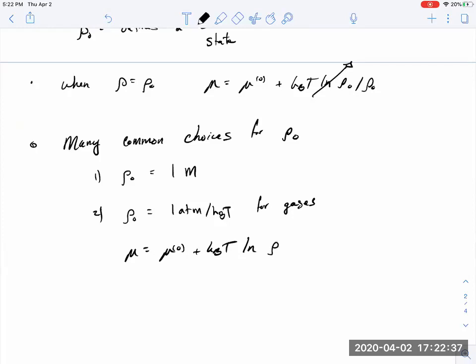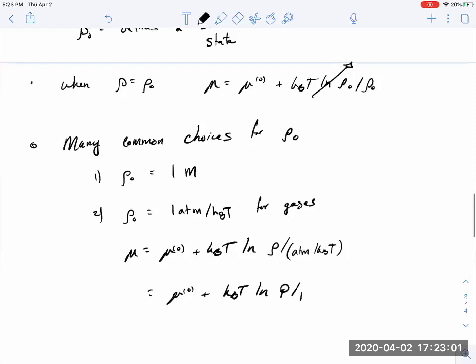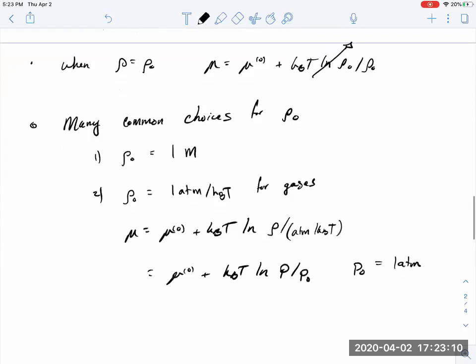If rho naught is an atmosphere per kBT, well, density over kBT is what the cool kids call the ideal gas law. So we would just say that this is equal to the standard state chemical potential plus log of the pressure of that gas over a reference pressure of 1 atmosphere. Hence why it might be useful for gases.